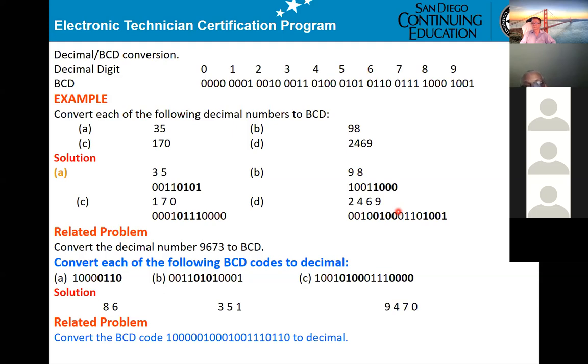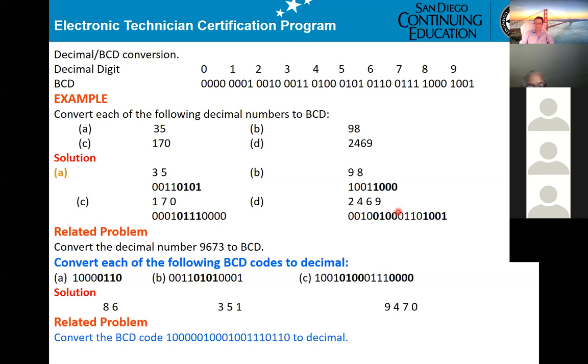Or it doesn't make any difference? No, that doesn't matter. You just tell me the number. It doesn't matter whether you go right to left or left to right. Okay, thank you.